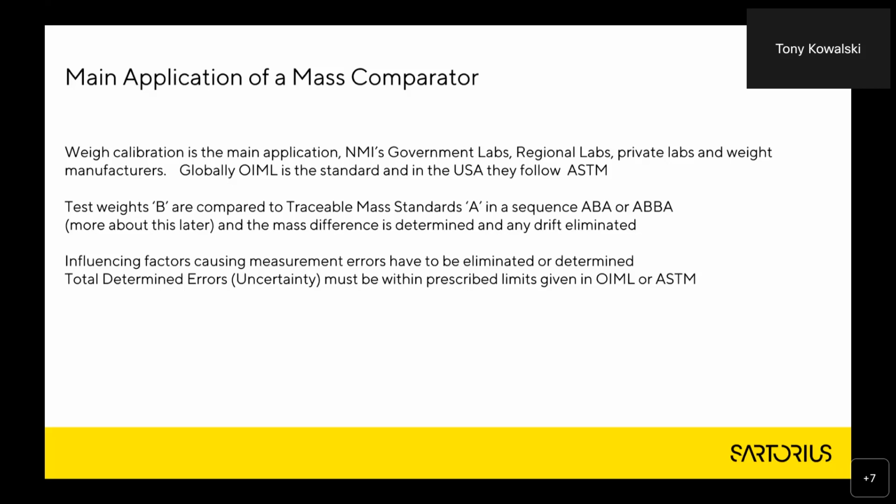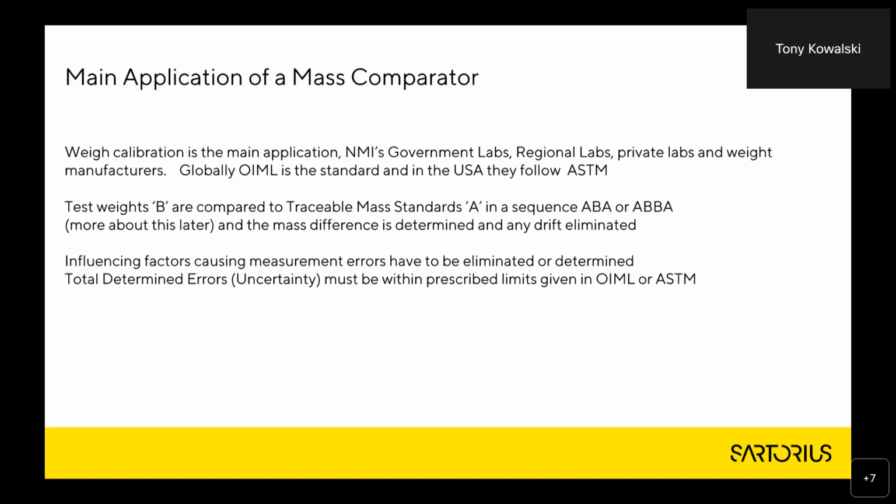And when we're comparing, we can either use the sequence where we put on the reference, we put on the weight being calibrated, which is B, and then again the reference weight. Or in some cases, we do it in the sequence where we put on the reference weight A, the weight we're calibrating B, we take it off, we put it back on again, take off the weight under test, and replace it with our reference weight A, ABBA.